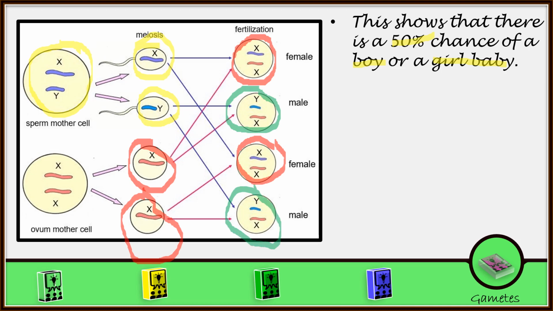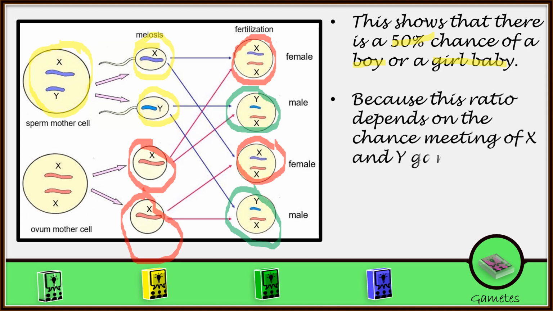So the ratio is 1:1, which makes it 50% a boy, 50% a girl.